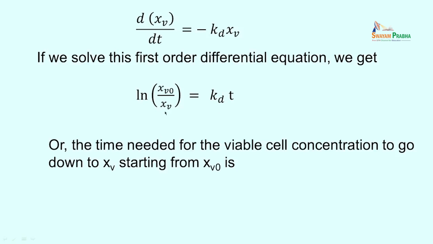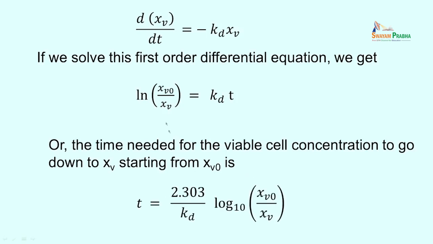From a design perspective, the time needed for the viable cell concentration to go down to X_v, starting from X_v0 when the process started, is nothing but, converting the natural log to log base 10, where the conversion factor is 2.303, natural log X_v0 by X_v is 2.303 log to the base 10 of X_v0 by X_v, and k_d comes to the denominator here.